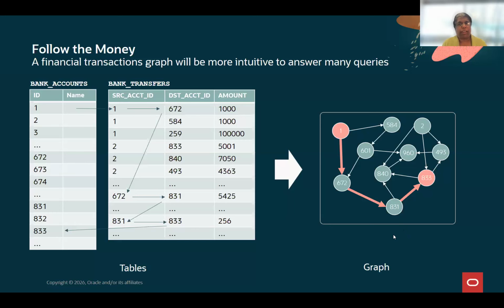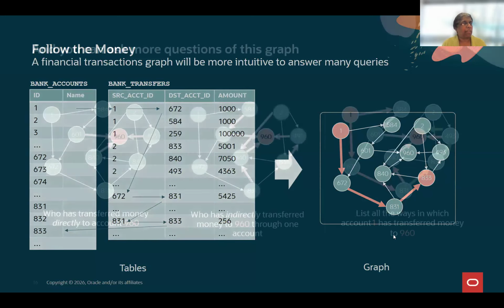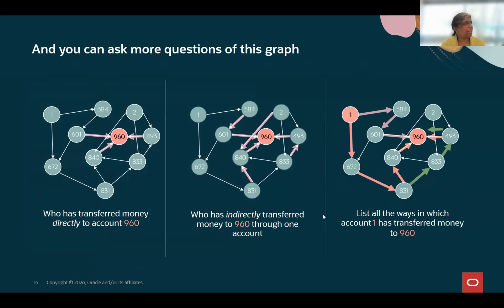So you want to do things like graph analytics or different types of graph queries to analyze this graph. This is a simple query: which are the accounts that have directly transferred money to this account? Then you want to ask questions such as, which are the accounts that have indirectly transferred money to this account?